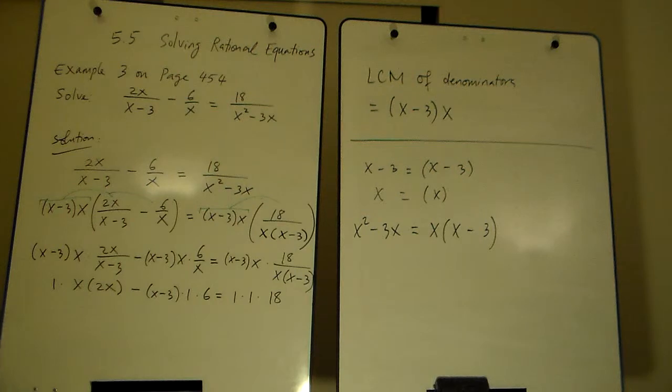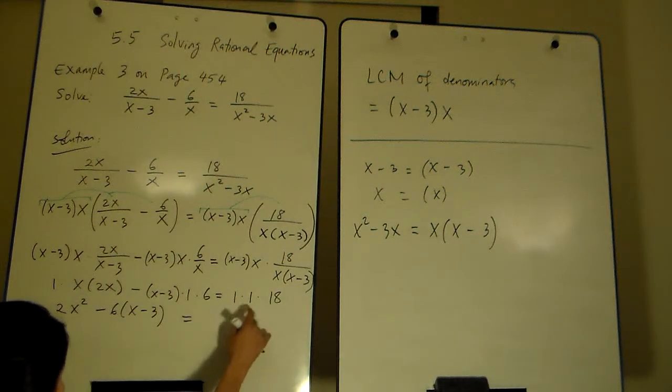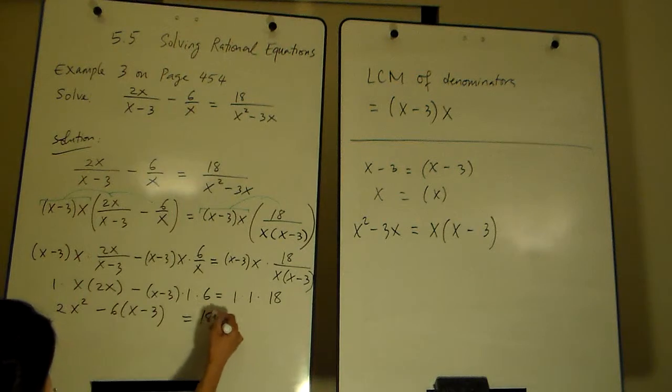Alright, simplify as much as we can. We have 1 times x is x, x times 2x is 2x squared. And then let's simplify this. 1 times 6 is 6, and 6 times negative is negative 6 times x minus 3, equals 1 times 18, which is 18.